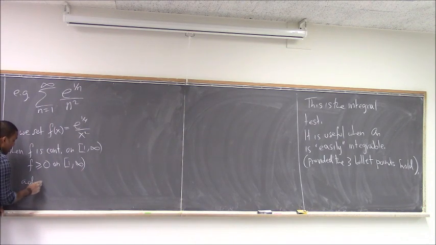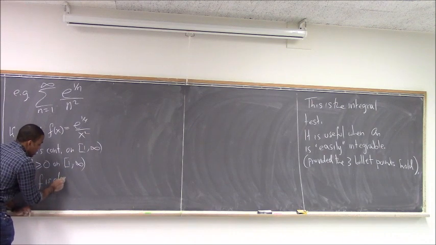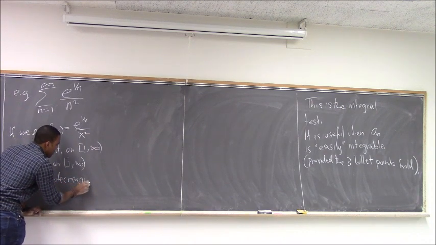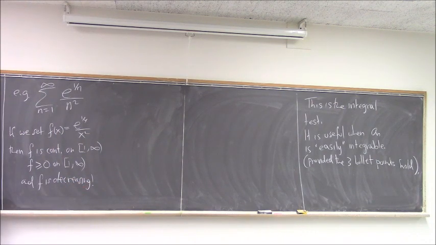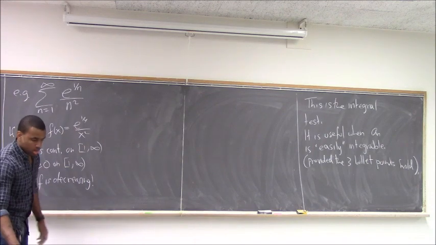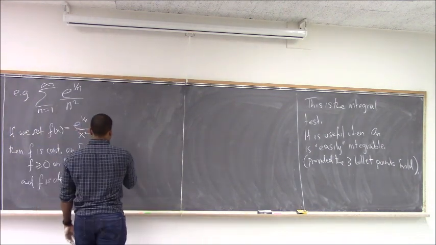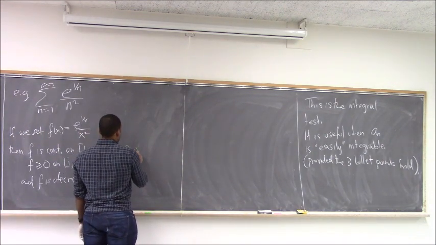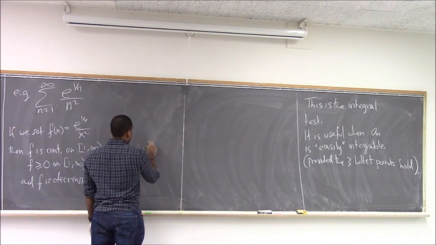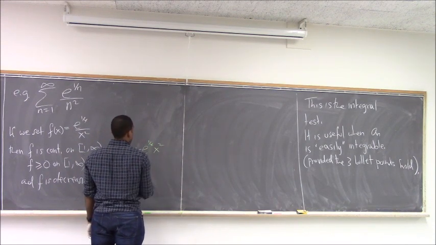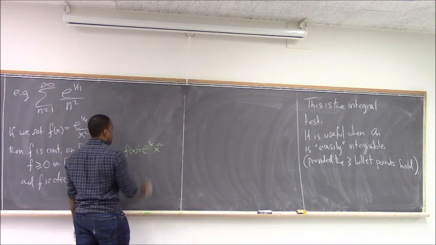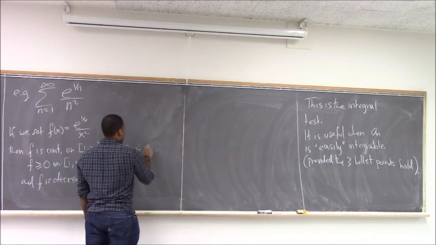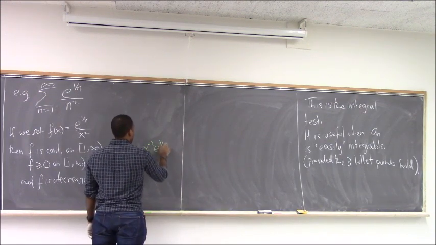And your f is decreasing on the interval. Now you can know that f is decreasing by, well, if I take my f of x to be e to the 1 over x times x squared to the minus 2. Let's write it the other way: x to the minus 2 e to the 1 over x.